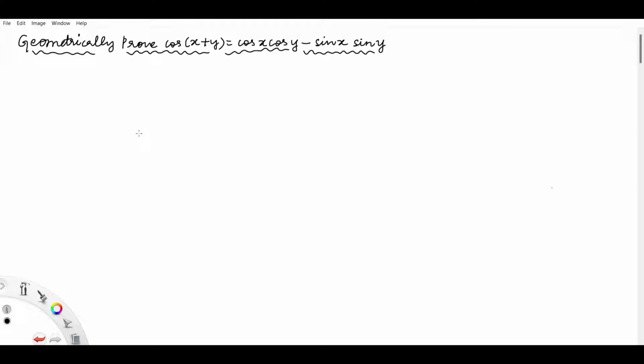Right before starting the actual derivation, you need to have some prerequisite knowledge. So for that, I'm going to explain a small concept. Let me consider this as the coordinate axis with x, y, x dash and y dash.